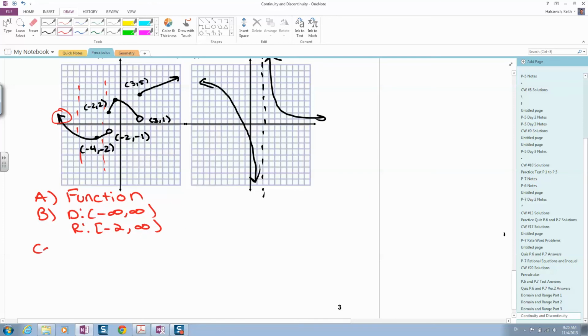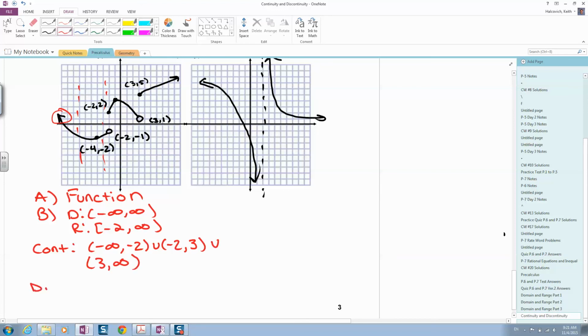Then you look to see where it's continuous. It's continuous, well, from negative infinity to -2 on the x, then from -2 to +3 it's continuous, and then from +3 it goes on forever, and that is where it's continuous.